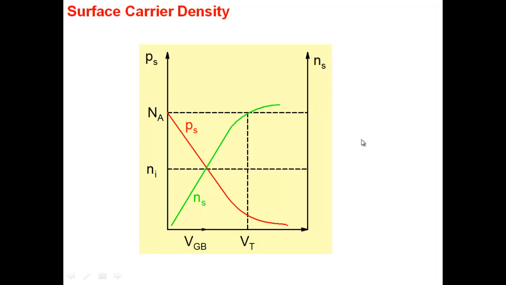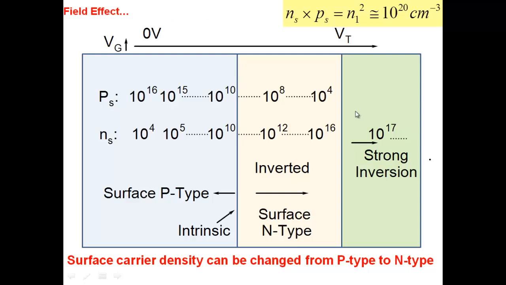All right, so in the last lecture, we were looking at how this enhancement mode MOSFET works. What was very interesting about this particular device was that by applying a gate voltage, you can take the surface and start from a surface which is p-type with carrier density holes 10 to the power 16, electrons 10 to the power 4.